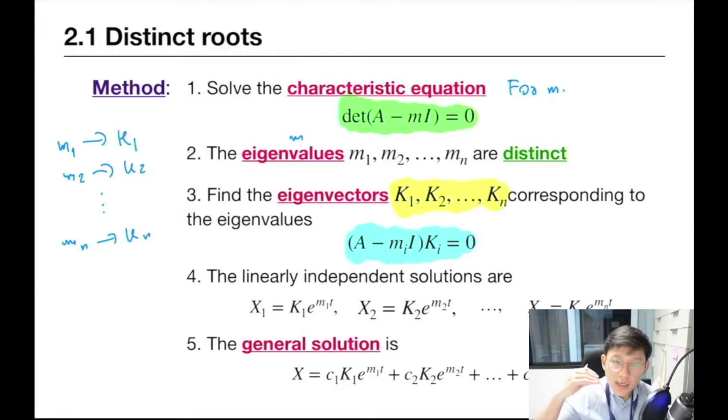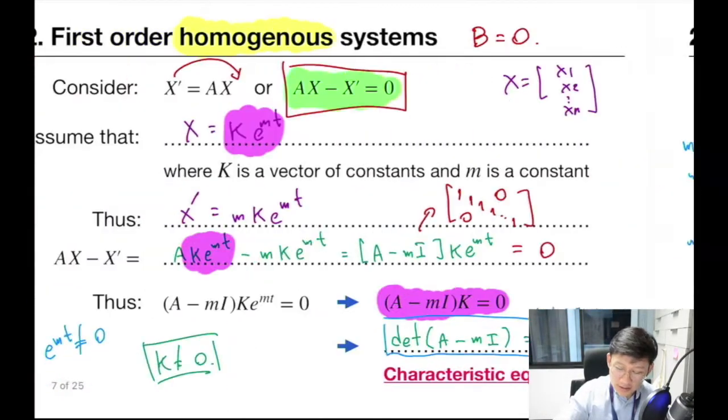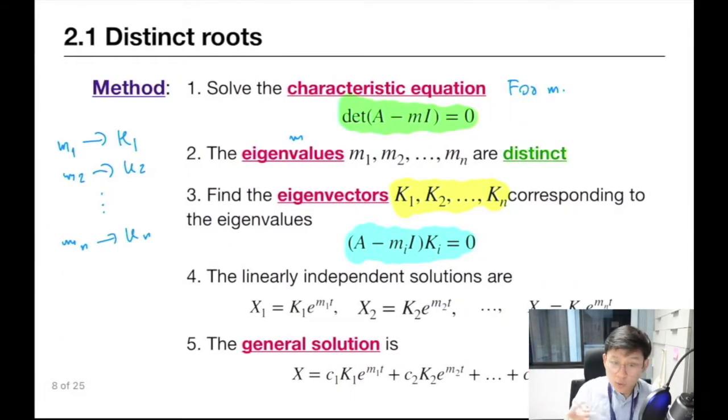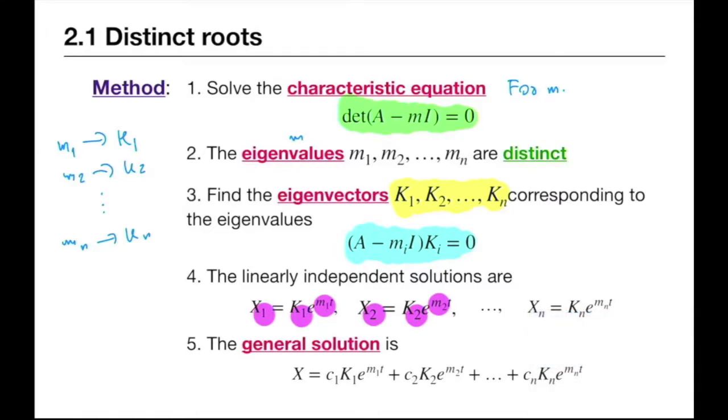And once you get the eigenvectors, the solutions are x1 equals k1 e to the m1t, which is the one that we assumed, x equals k e to the mt. So the first solution, x1, is k1 e to the m1t, and similarly x2 is k2 e to the m2t, and so on. So we get xn equal kn e to the mnt.